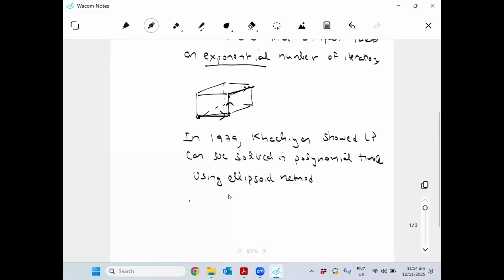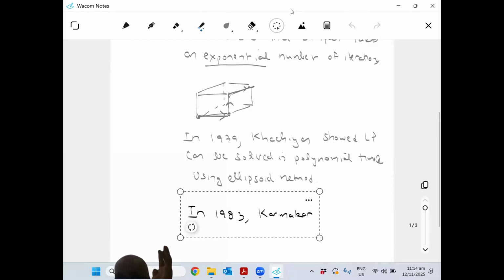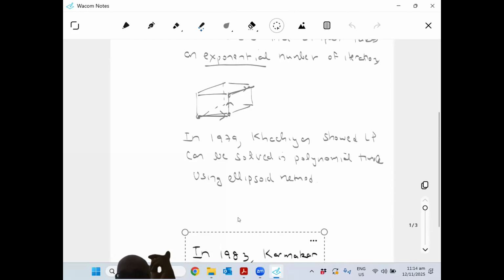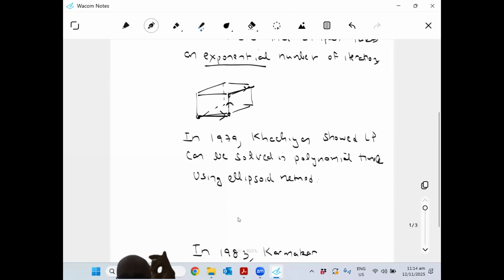But the ellipsoid method has some advantages which I'll explain later. It is not practically efficient.